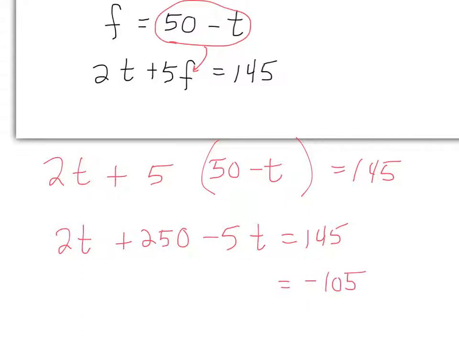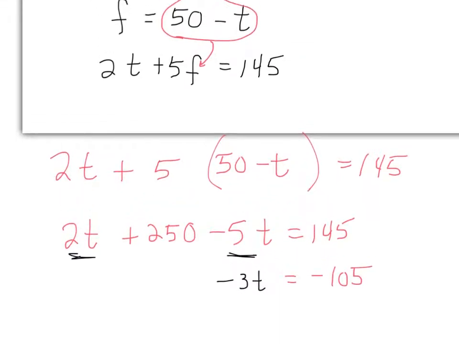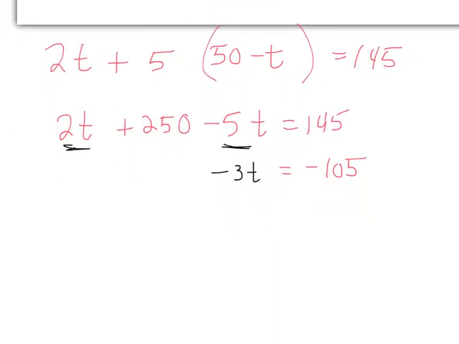And on the left-hand side, 2t minus 5t is negative 3t. And at first it looks kind of weird because we're getting a negative answer, but it's actually fine. The negative answers are right because we're dividing by a negative in the end. What do we get? 35, does it look like? 35 times 3 should be 105.